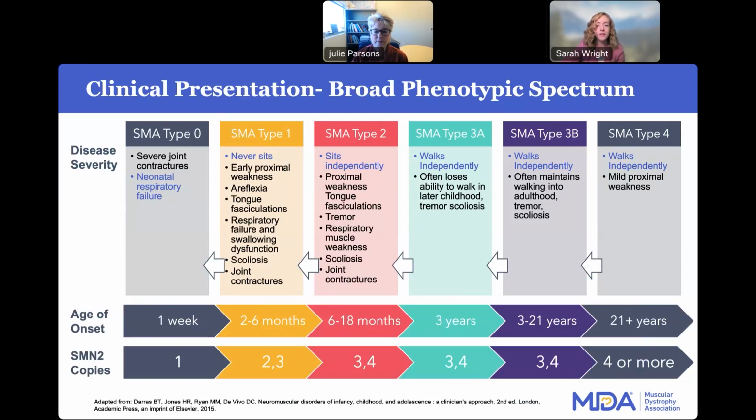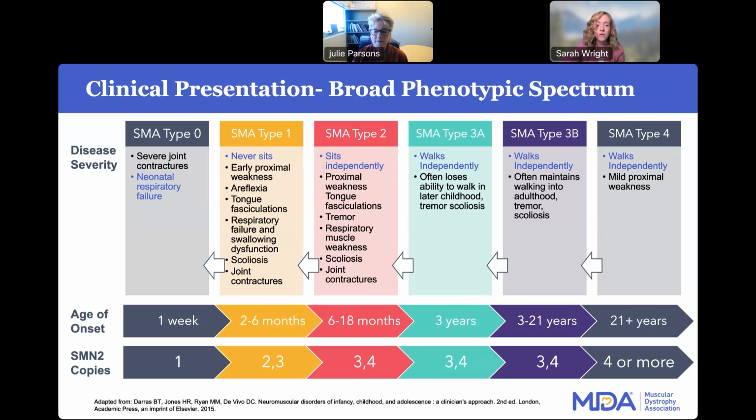As Dr. Parsons highlighted, there is variability based on oftentimes the backup SMN2 gene. As we can see here, that copy number can sometimes correlate a little bit with overall severity, but it's not exact. Historically, prior to newborn screening and more readily available genetic testing, spinal muscular atrophy was diagnosed based on the age at presentation and the gross motor milestones achieved.